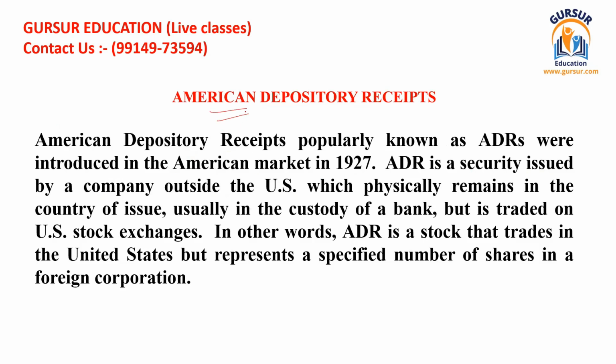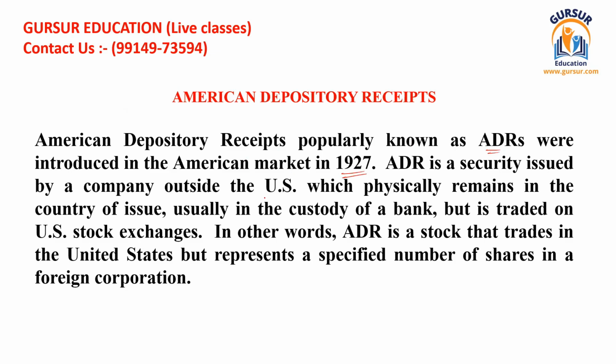The American depository receipt, as the name suggests, is the receipt issued to you if you purchase the shares of a company listed in the United States. These were popularly known as ADRs, and they were introduced in 1927.